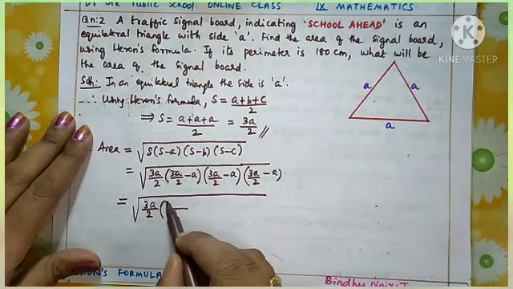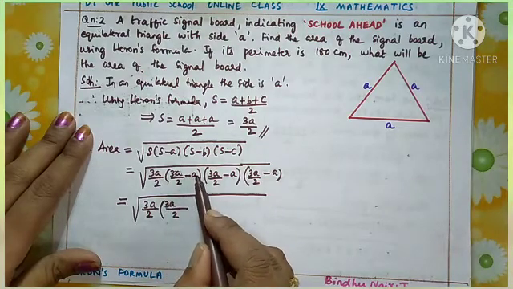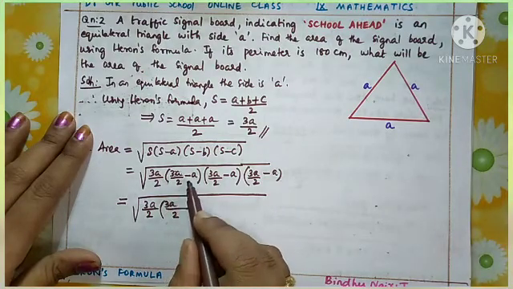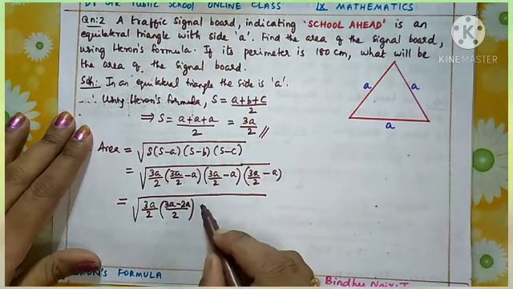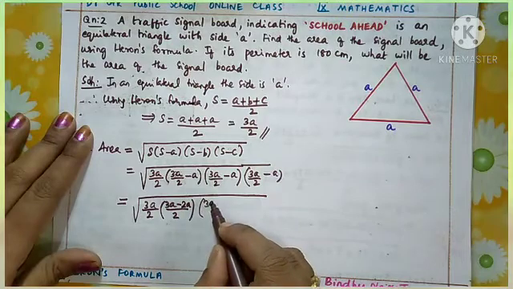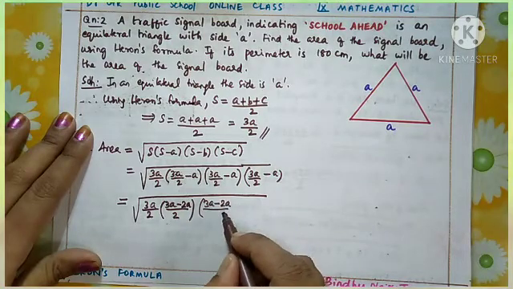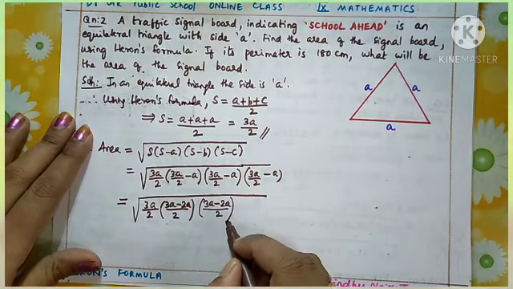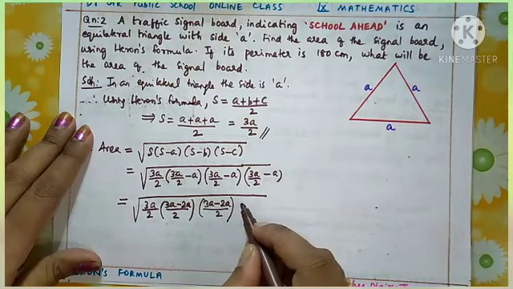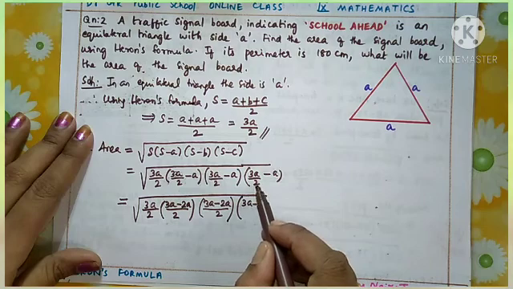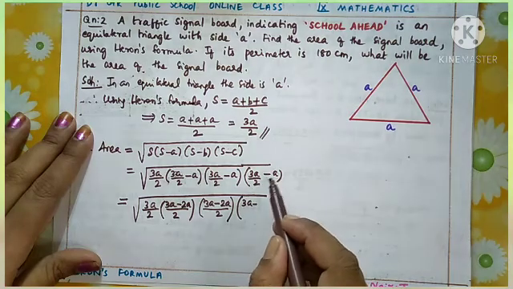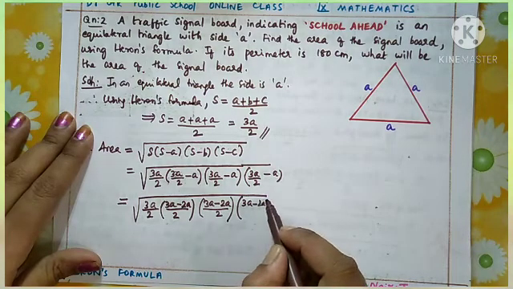So first numerator no change, second numerator multiply by 2, so minus 2A. Next also 3A minus 2A by 2. Third also 3A minus, because here LCM is 2, we want to multiply 2 into A, by 2.